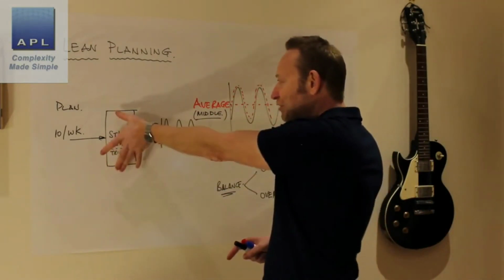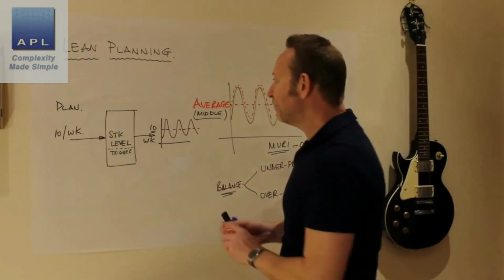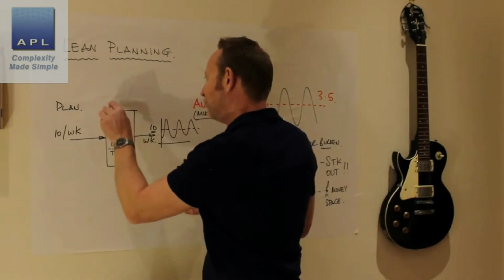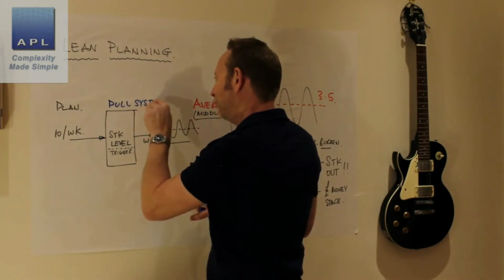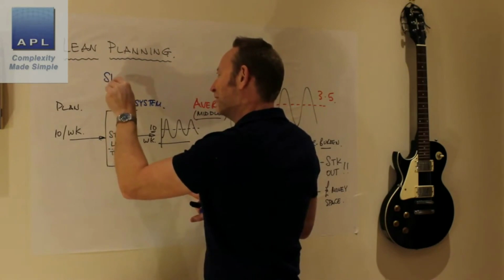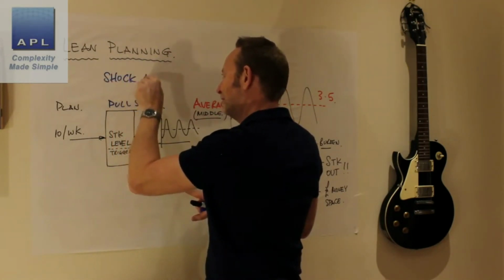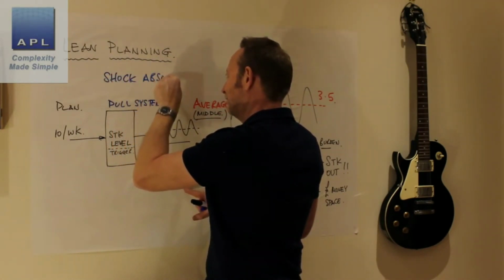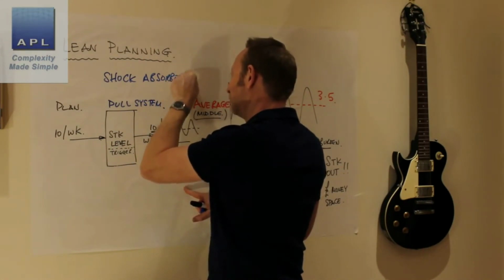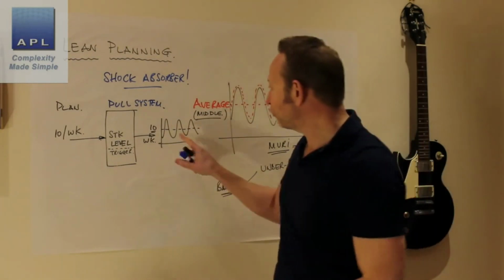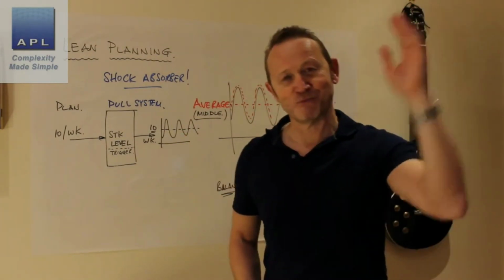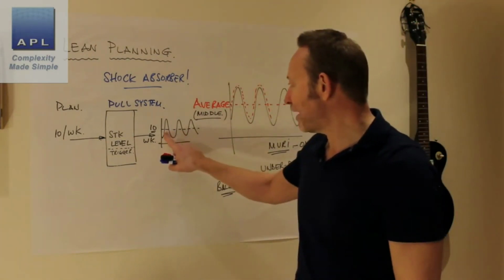Now, what happens in here? Well, the pull system, this is your pull system. Your pull system now is simply a shock absorber, and that's all it is. It's just a shock absorber. So your crazy customer is taking more, taking less, but you're making the middle.